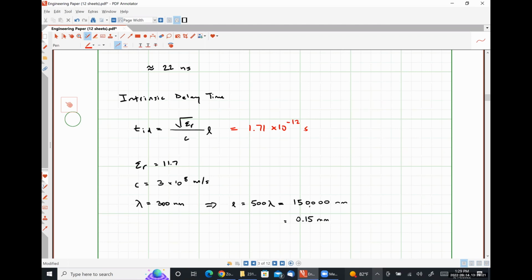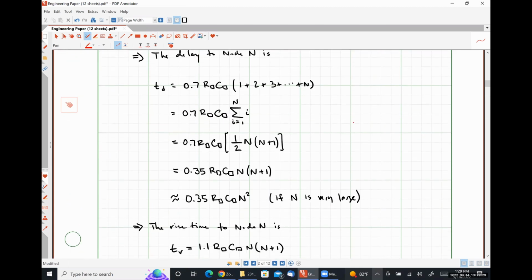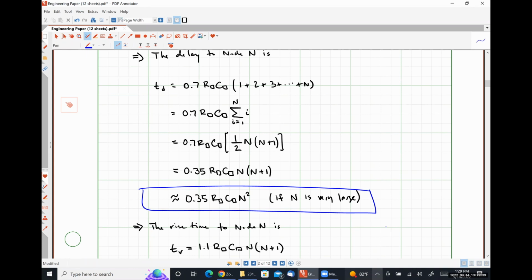Now, let's show one more quick little thing here, and then we'll wrap up for the day. It goes back to this approximation, okay?